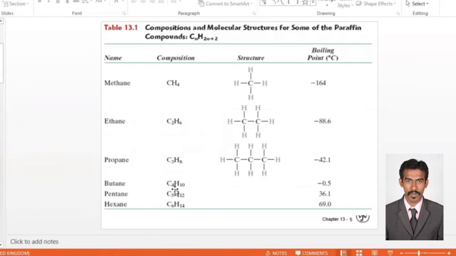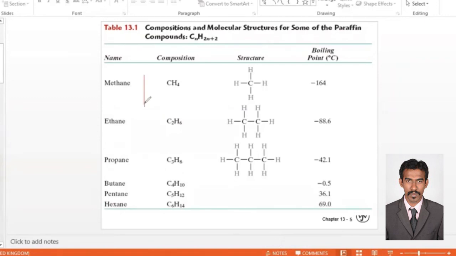Then butane, C4H10, with a boiling point of minus 0.5. Pentane, C5H12, 36.1. Hexane, C6H14, 69 degrees Celsius. This will keep on going.